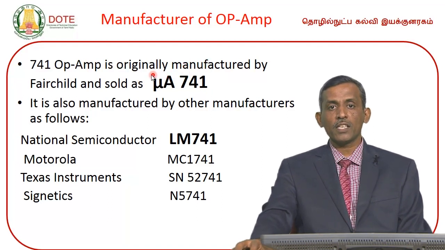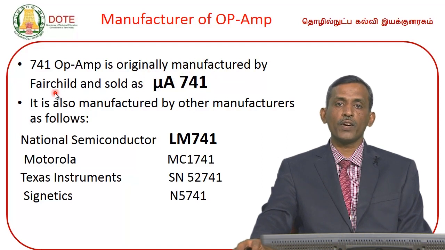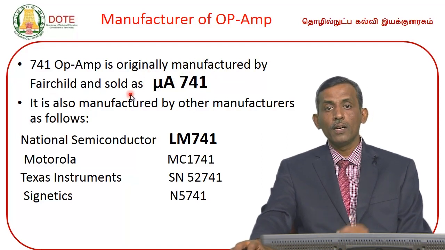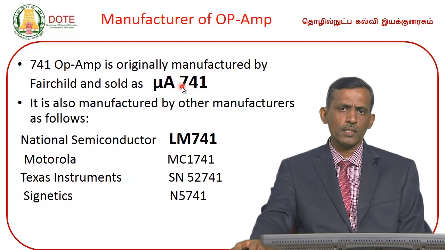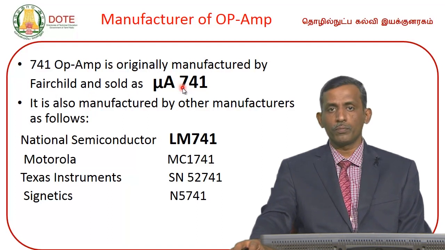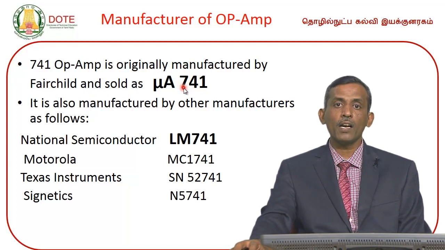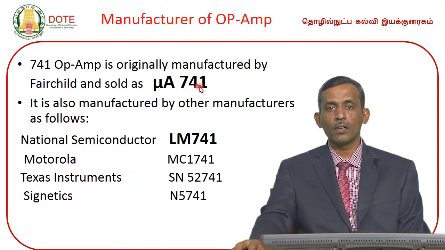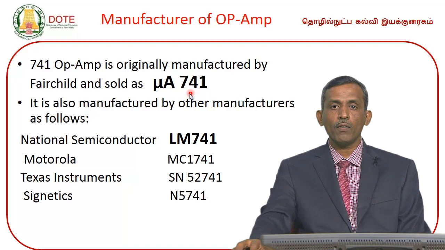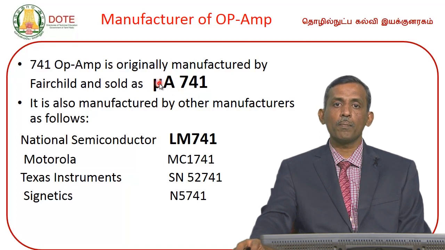Originally it was designed and manufactured by the Fairchild company, right? Different manufacturers use different codes or initials to identify their company, and then the type number. Okay. So in the IC number you have an initial and a type number. This indicates the manufacturer code.